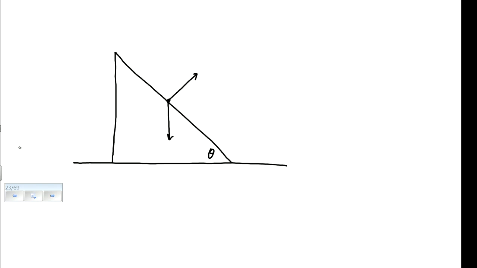Capital or lowercase? Capital A. So this vector has components ax, ay. So no matter what, a is equal to the square root of ax squared plus ay squared, if we need it.